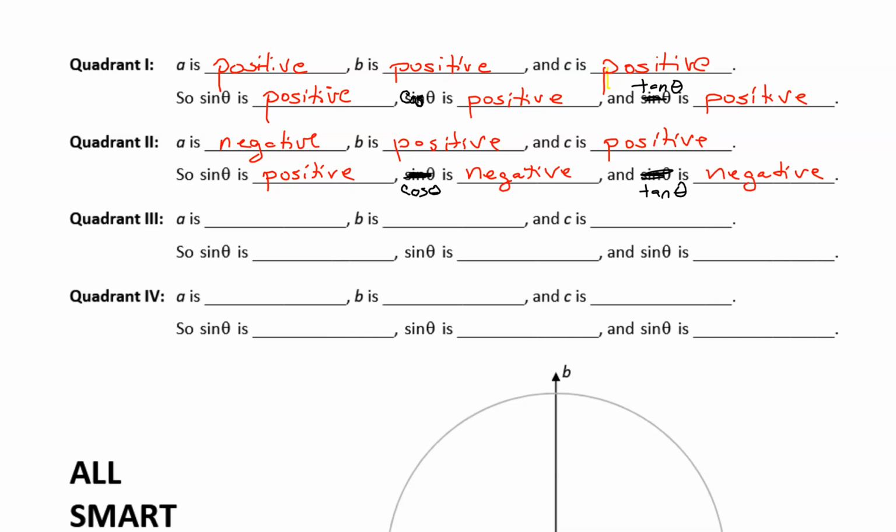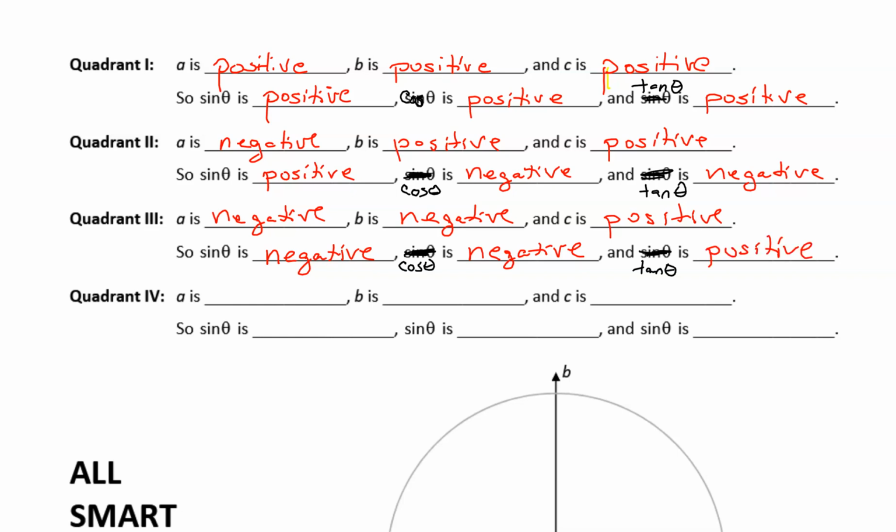In quadrant 3, a and b are both negative, while c is always positive. Sine of theta is b over c, which will be negative. Cosine of theta is a over c, which will be negative. And tangent of theta is b over a, which is a negative over a negative, so tangent of theta will be positive.